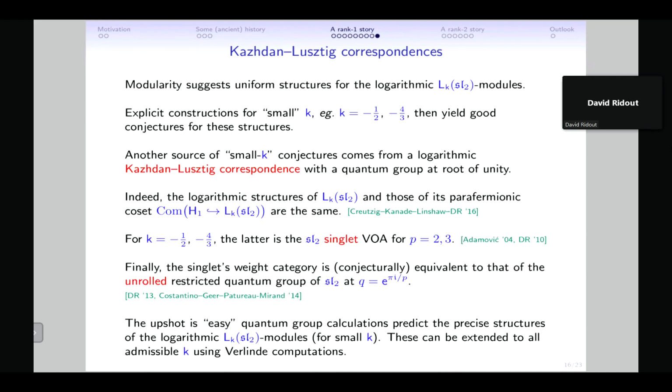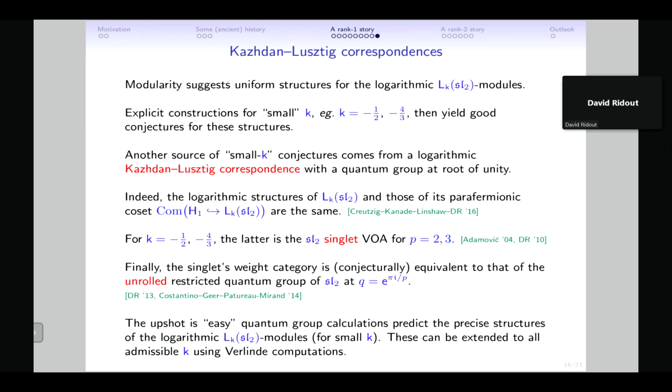So we're very close. It turns out that if we take these nice levels that we saw before, then this parafermionic coset turns out to be examples of what are called singlet vertex operator algebras. And it's these singlet vertex operator algebras which appear to have these Kashtan-Lustig correspondences.